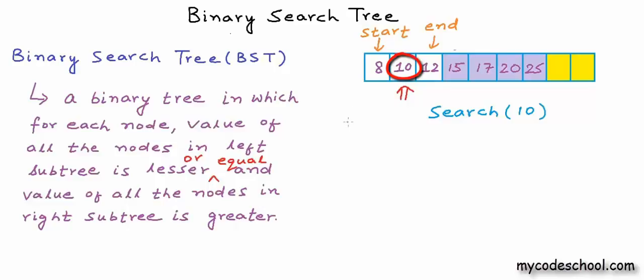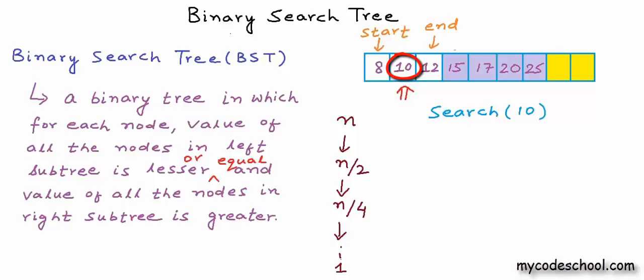In binary search we start with n elements in search space, and then if mid element is not the element that we are looking for, we reduce the search space to n by 2, and we go on reducing the search space to half till we either find the record that we are looking for or we get to only one element in search space and be done.